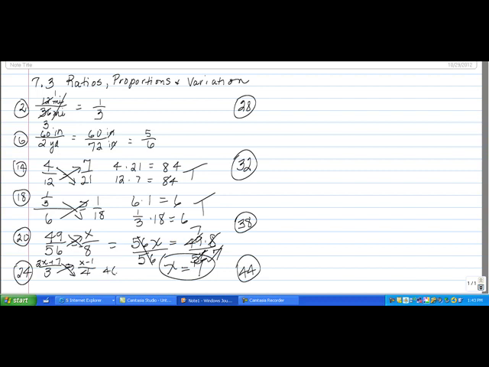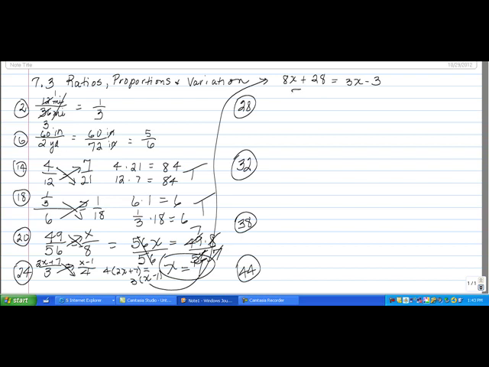So 4 times 2x plus 7 we want to be equal to 3 times x minus 1. So distributing, we'll get 4 times 2x is 8x. 4 times 7 is 28. 3 times x, 3 times negative 1.